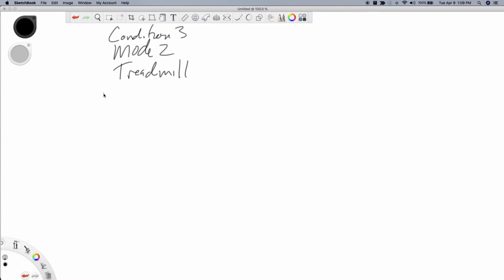Now, if I set this at a 3% grade at 100 meters per minute, that means every minute I'm going to rise 3 meters. Okay? So we know that we have to raise 52.5 meters.